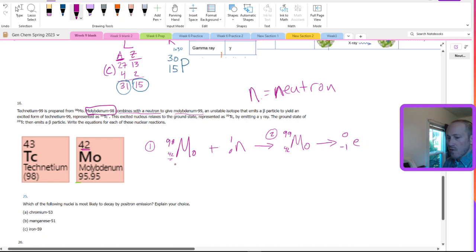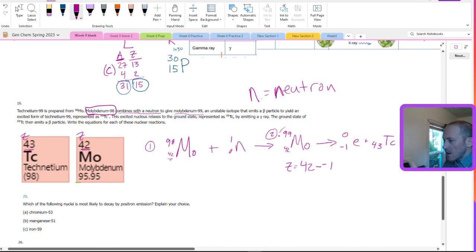So that's when our 42 goes up to 43. This is our Z here, right? Since we lost a negative, the Z now equals 42 minus negative 1. That's how it becomes 43, technetium.